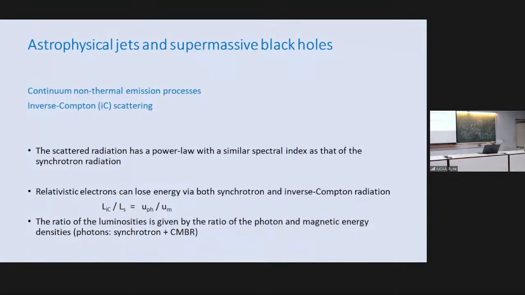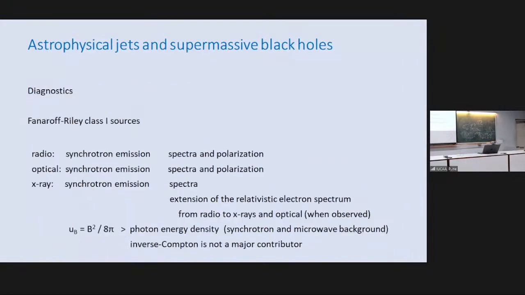Now, what happens in a real situation? For example, we talked about Fanaroff-Riley class 1 sources, right? Which don't have hotspots, and have diffuse plumes of emission. Now, if I want to see what dominates, is it the synchrotron process or the inverse Compton process? One thing is to first look at the spectrum of the object and see if the same electron energy spectrum extends to the highest energies.